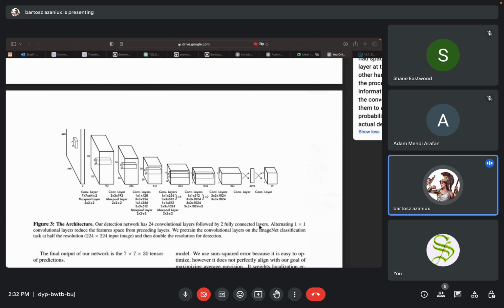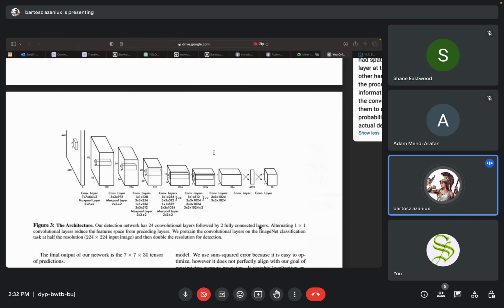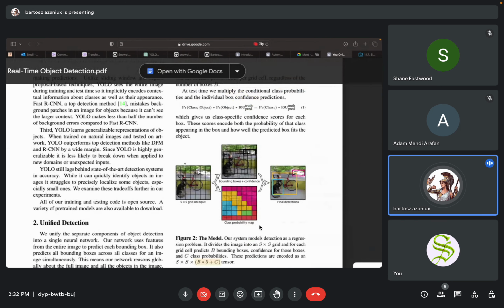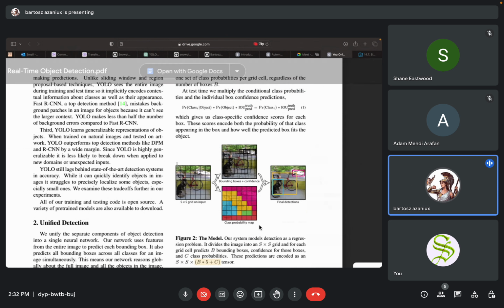In this case, they divided it 7 by 7. So let's go with the 7 by 7 example. They take the grid. Now, how do they define it? Because here's an issue: you have no assurance that the object is actually going to fall inside or outside, or it's going to spill into multiple of these, right?